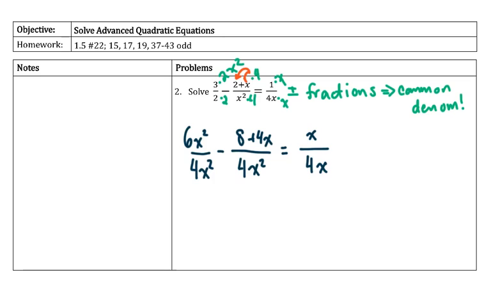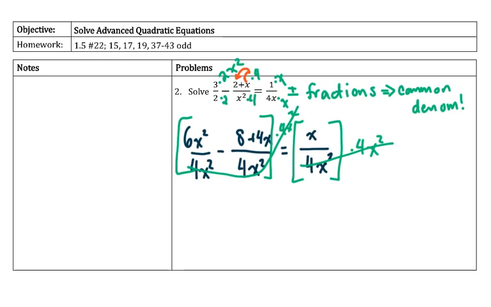The point of putting in a common denominator here is then when we multiply both sides of our equation by that common denominator, sorry, by 4x squared, which we can do since we're doing the same thing to both sides, the denominator cancels out for all terms, and we're left with just a nice equation, 6x squared minus 8 plus 4x, which you can write like this, or if you ever see a fraction with the term in front of it like that, make sure you're distributing.